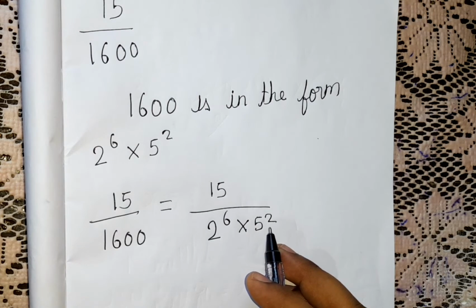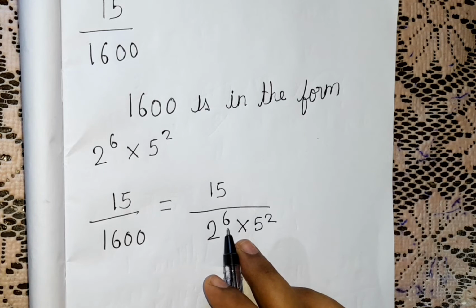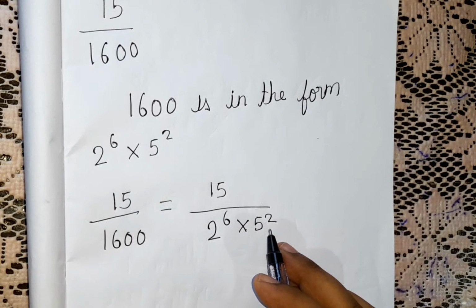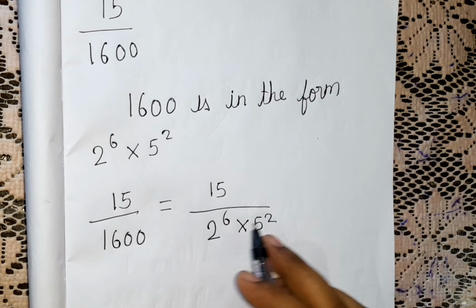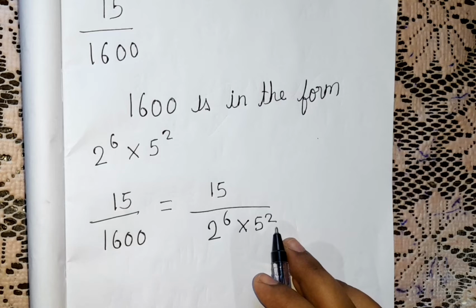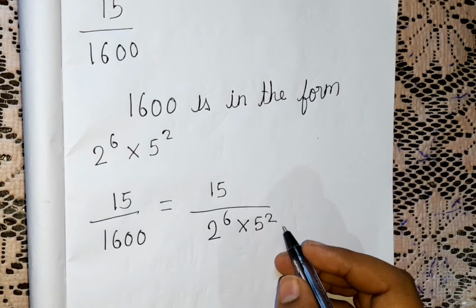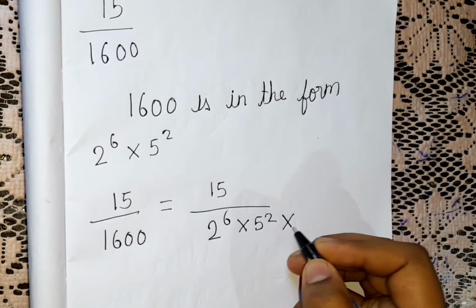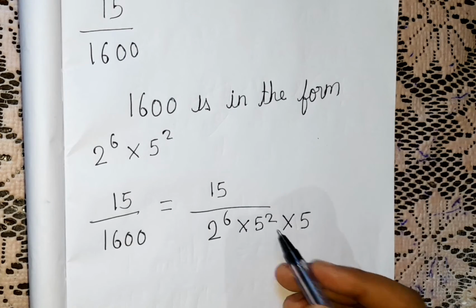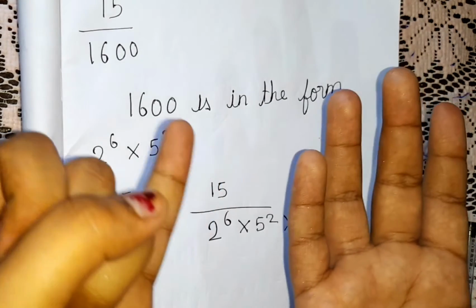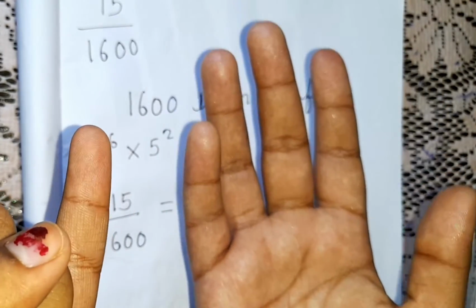Here the power is greatest and here the power is smallest, but we should write the similar value, that is 6. Here also 6 has to be there. So what we are going to do is write into 5 square into 5 power something. Totally we should get 6 numbers. Am I right?